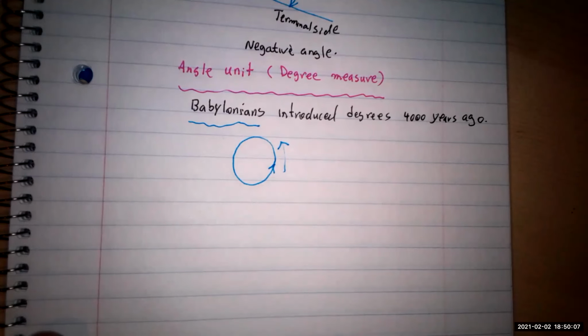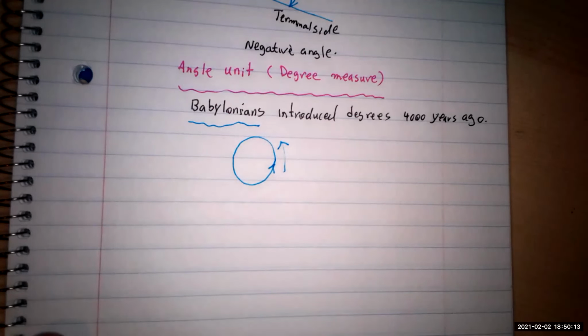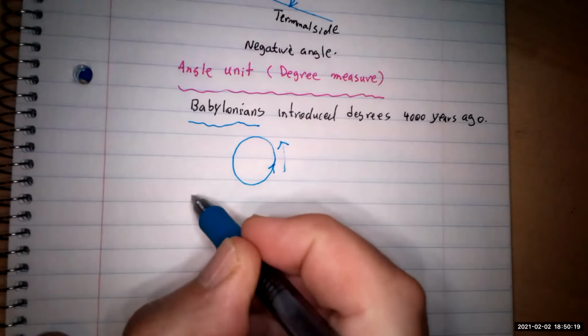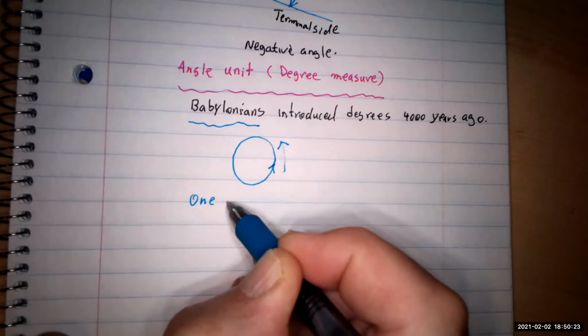Now, what's the definition? If you go around the circle once, that would represent 360 degrees. So when you go around one, we say that one complete rotation. There are different ways to define the degrees. This is one.